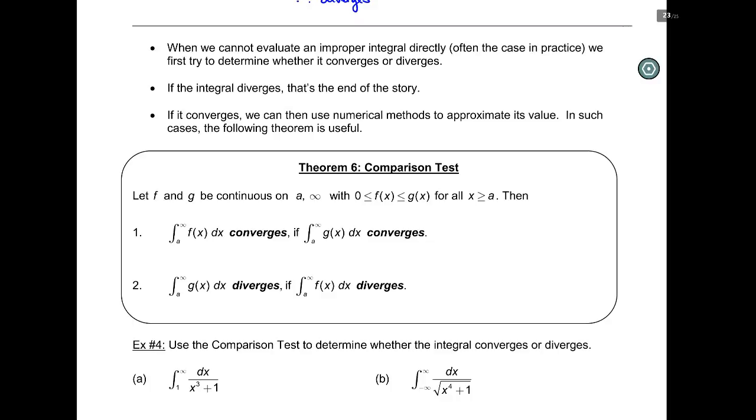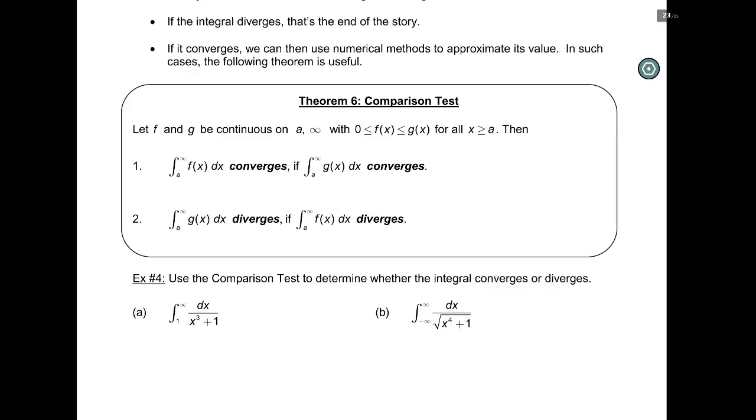Okay, so sometimes we cannot evaluate an improper integral directly. So we want to decide whether it converges or diverges. So if the integral diverges, then we're done. That's the end of the story. If it converges, we can then use numerical methods to approximate its value. All right, so here's the following theorem. We're going to use a comparison test.